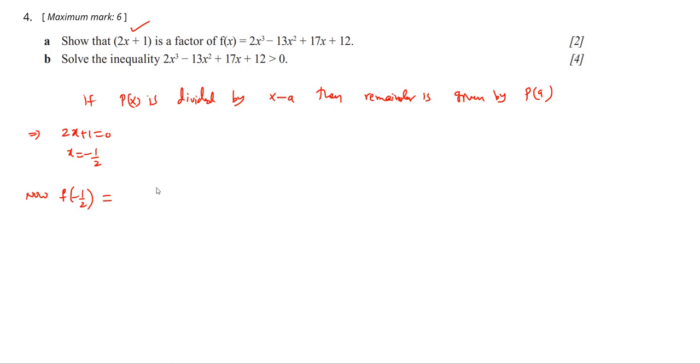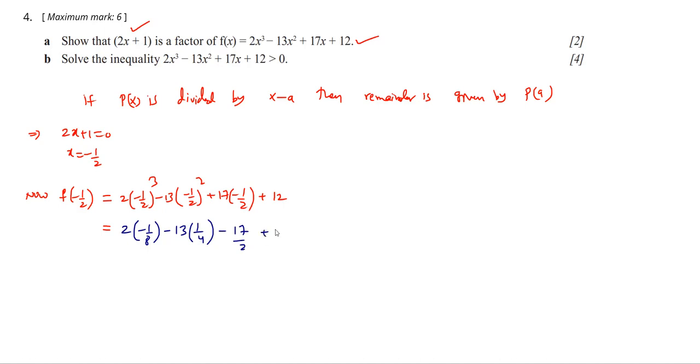So f of negative 1/2 means in this polynomial, wherever x is there, you have to substitute 2 times negative 1/2 cube minus 13 times negative 1/2 square plus 17 times negative 1/2 plus 12. So we need to simplify that. So 2 times negative 1 by 8, negative 13 times 1/4, negative 17 by 2 plus 12.